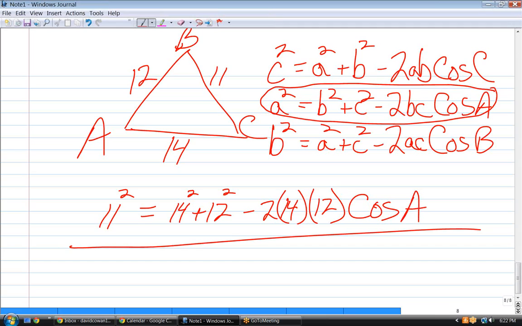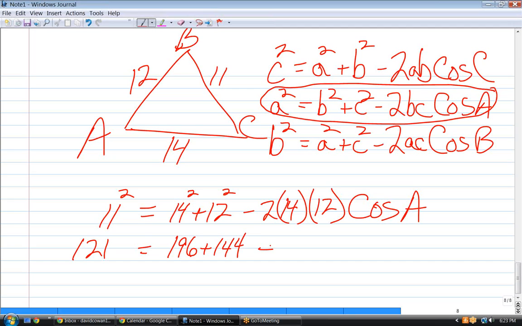And I can solve for A because of it. So let's go ahead and do the math on this one. What's 11 squared? 121. 14 squared is 196, plus 144. What's 2 times 14 times 12?